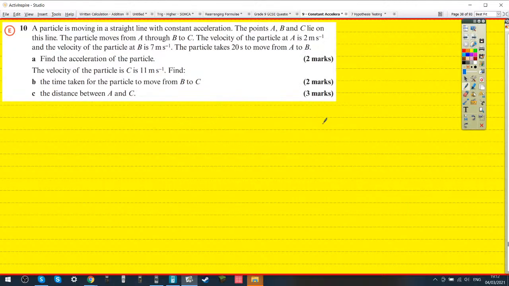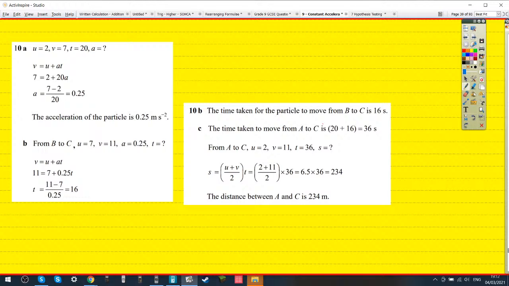Let's see. Particle. Velocity of the particle. Let's see. Is that find the time taken, the distance from A to C? Yeah, that's fine.